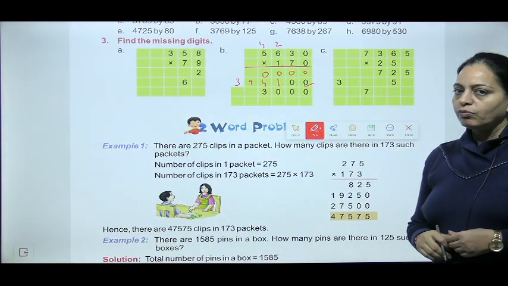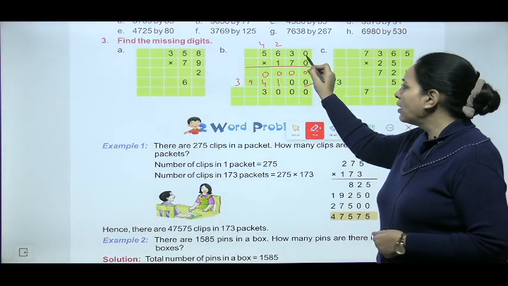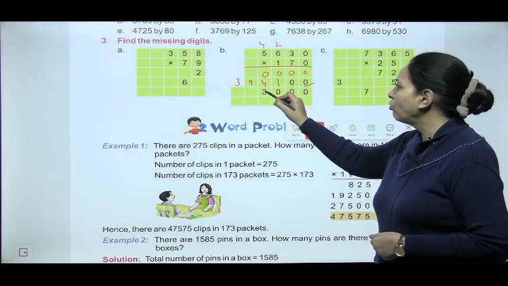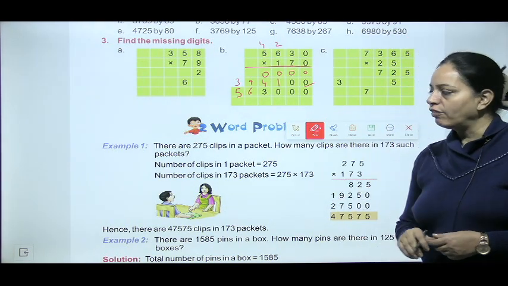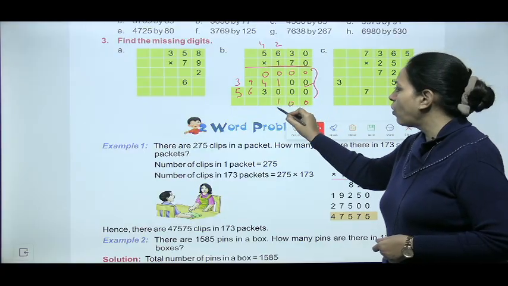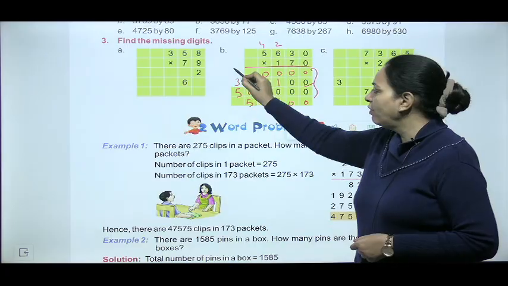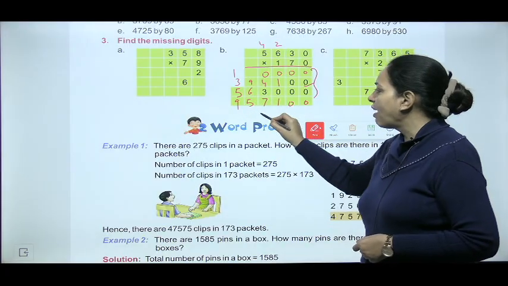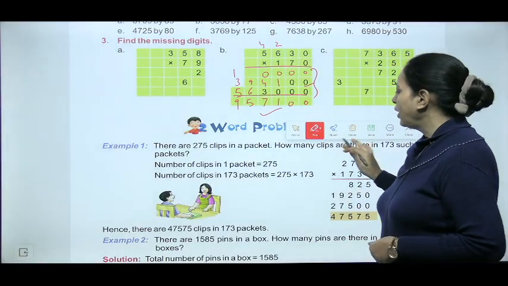Okay, then we have to multiply by hundreds digit. So here 2 0, 1 zero is 0, 1 three is 3, 1 six is 6, 1 five is 5. Now add these three. So 0 0 1, 4 plus 3, 7, 9 plus 6, 15, 5 here, and this is the answer. So very interesting. You can try remaining parts.